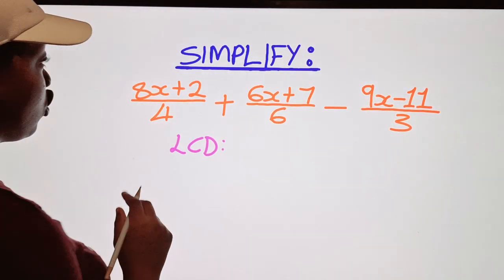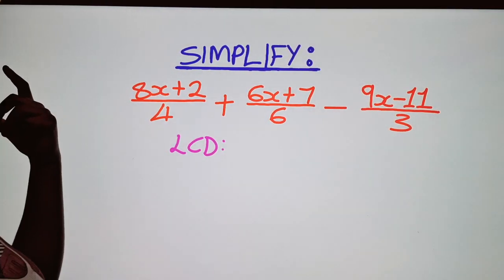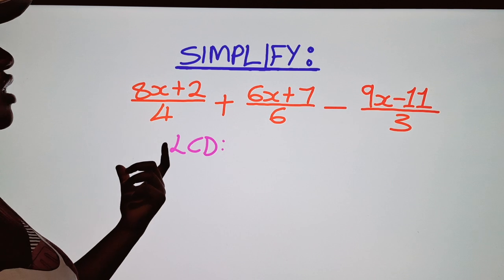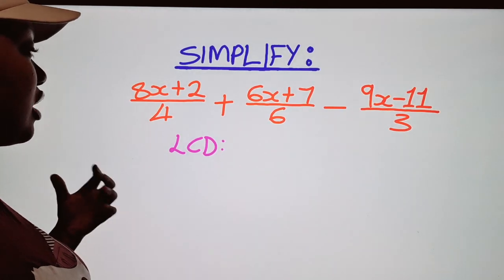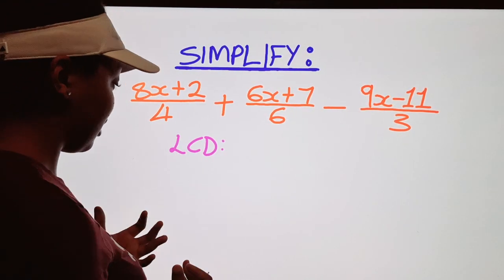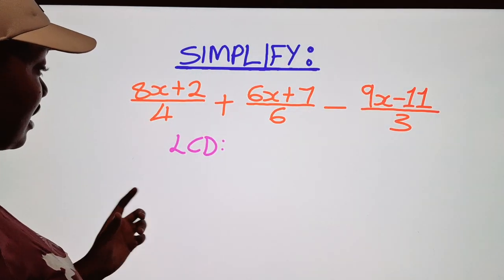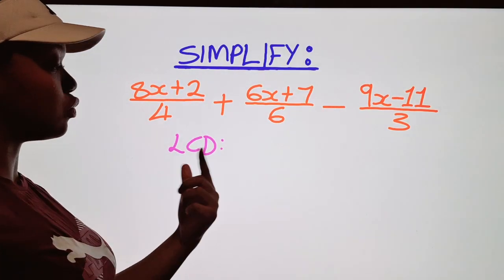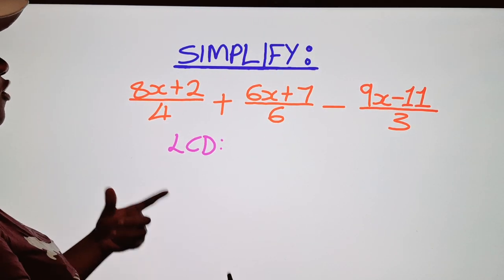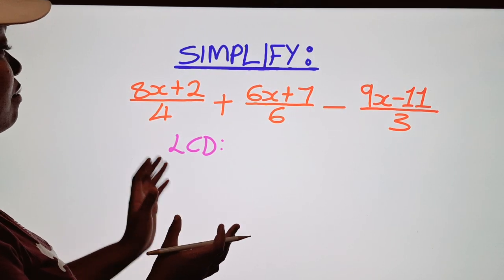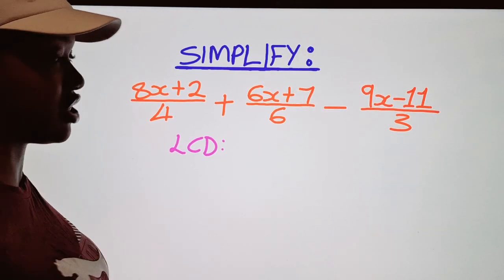The LCD makes it possible for you to add the fractions, because don't forget, fractions cannot be added unless they have the same denominator. So by looking for the LCD, the lowest common denominator, you're looking for a denominator that is common to all of the fractions.